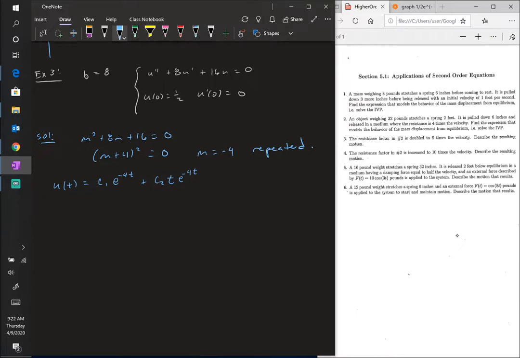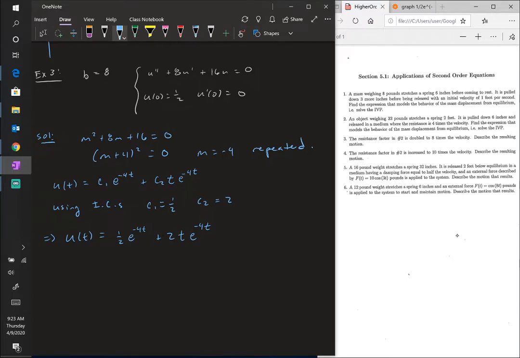And using our initial conditions, we get C1 is 1/2 and C2 is 2. So then u(t) is 1/2 e^(-4t) + 2t e^(-4t).